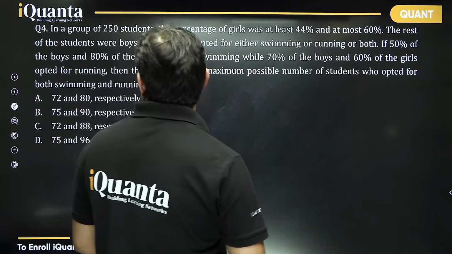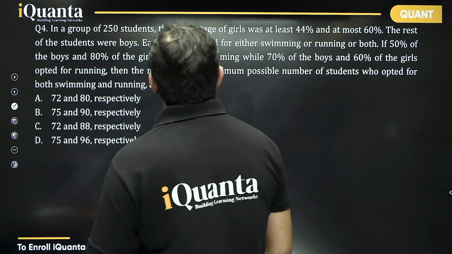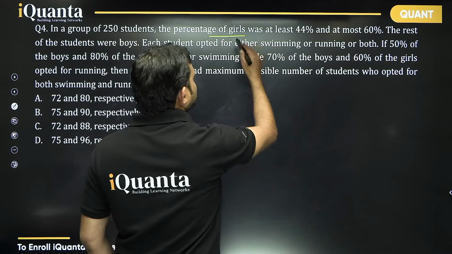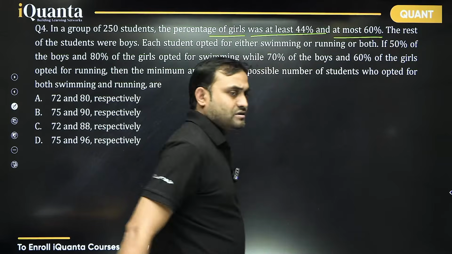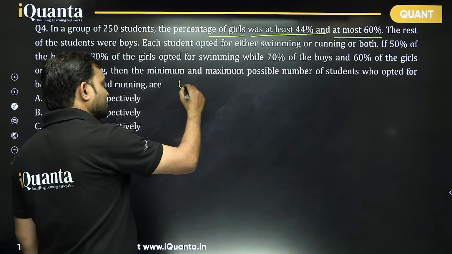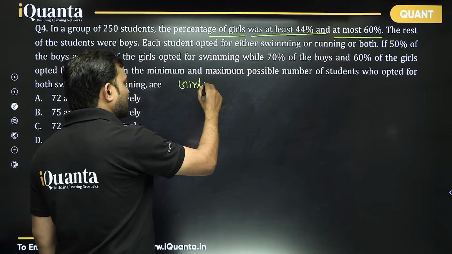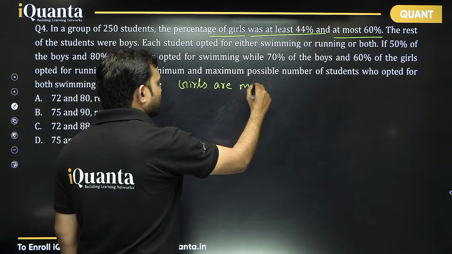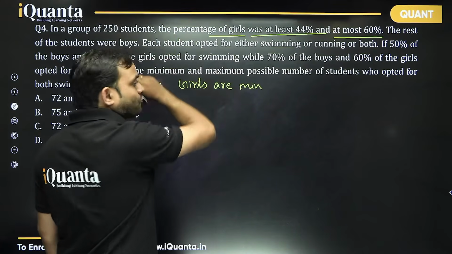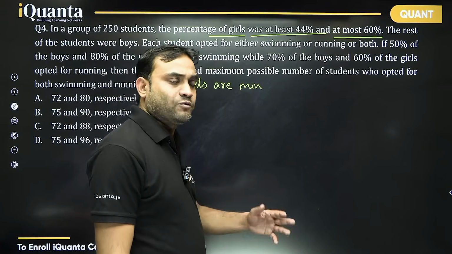Question number 4 says, in a group of 250 students, the percentage of girls was at least 44% and at most 60%. So in case girls are minimum, 44% of 250. 40% is 100, 4% is 10.